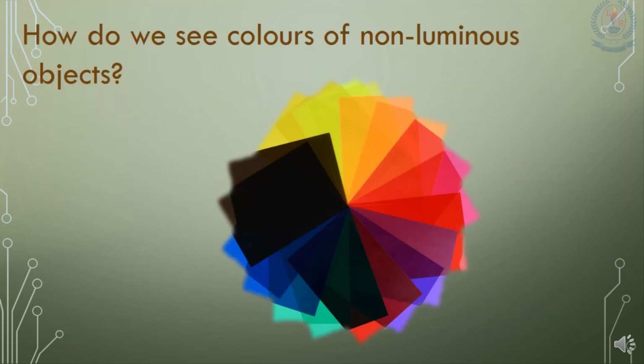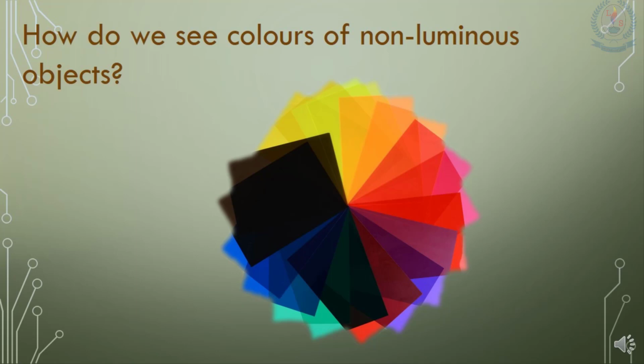So children, objects that cannot emit light energy by themselves are known as non-luminous objects. We know the non-luminous objects do not give off light. So then can you tell me children, how do we see the colors of non-luminous objects?